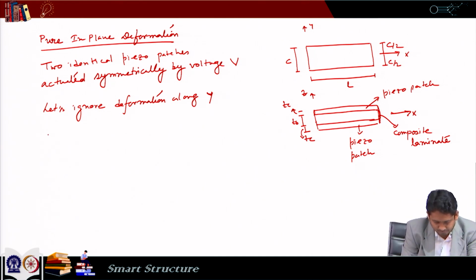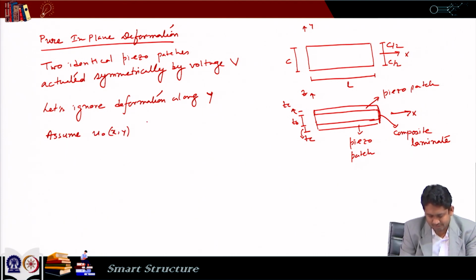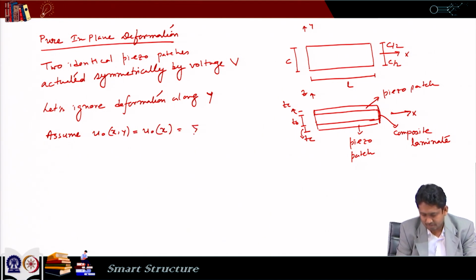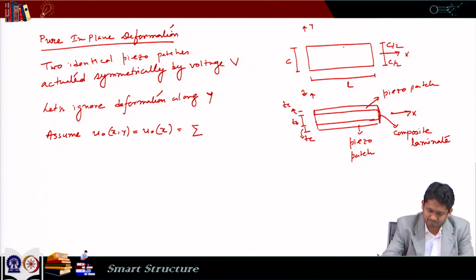So, assume u0, which should be a function of x and y. Let us assume it to be only a function of x, so there is no variation along the y direction.